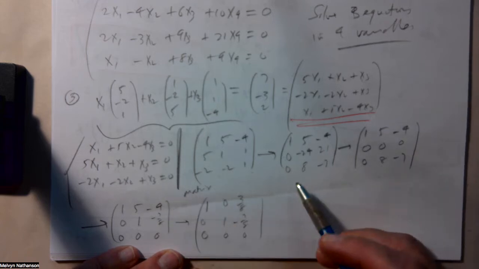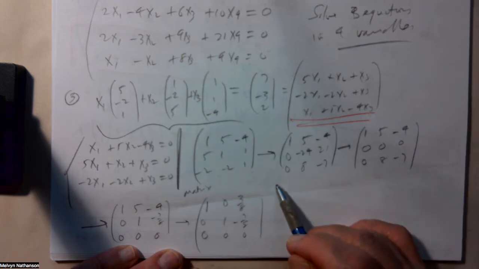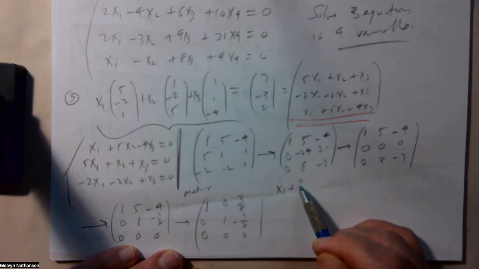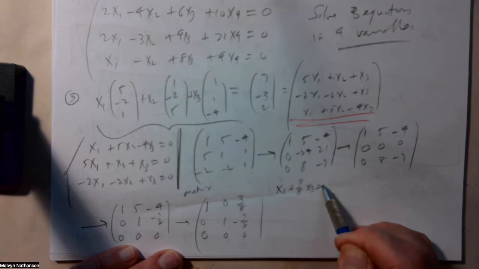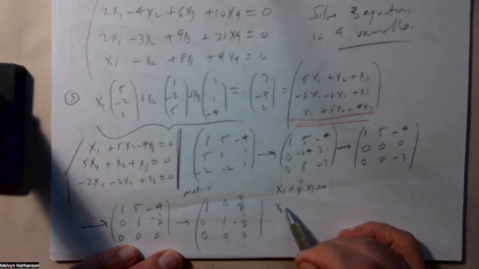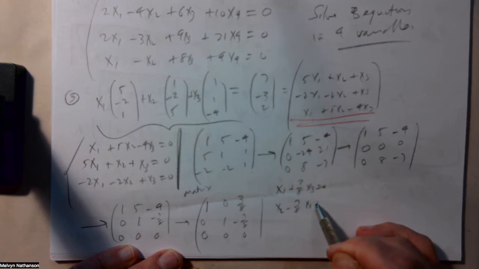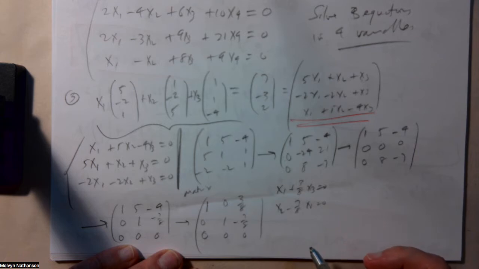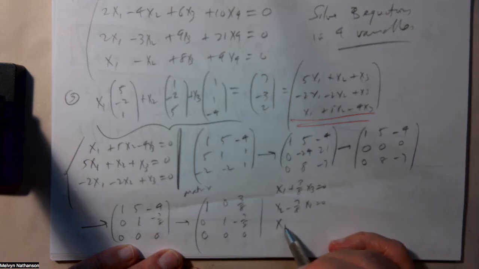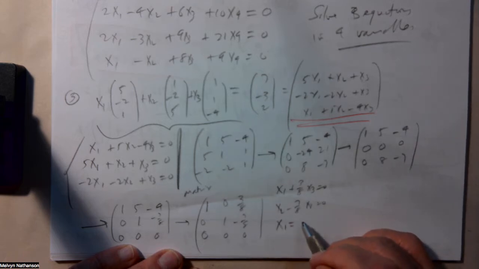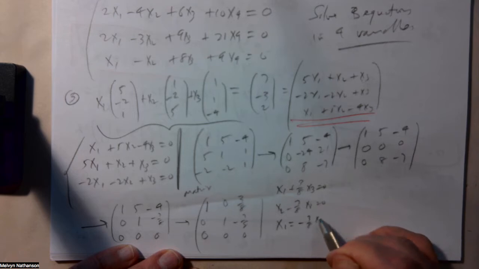So this system of equations is equivalent to the system x1 plus 3/8 x3 equals 0, x2 minus 7/8 x3 equals 0. So x1 is going to be minus 3/8 of x3. x2 is going to be 7/8 of x3.